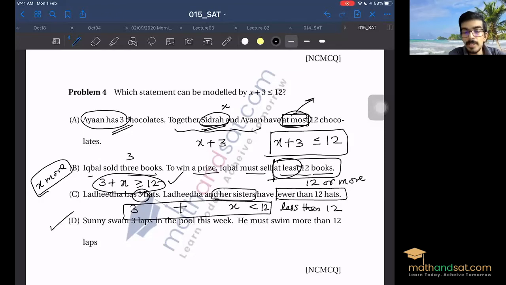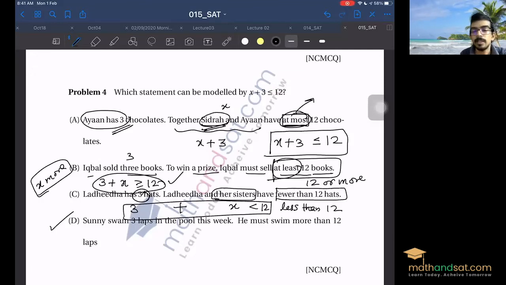See, there is some person who has already swam 3 laps in this week. So he has to further swim so and so laps, so that put together, he must be swimming more than 12 laps.